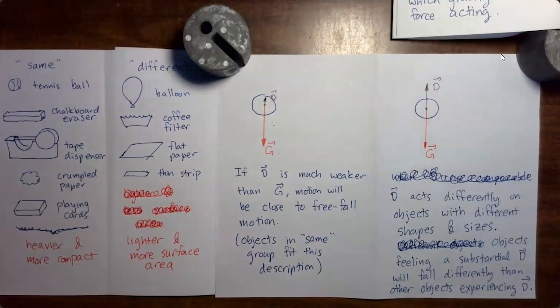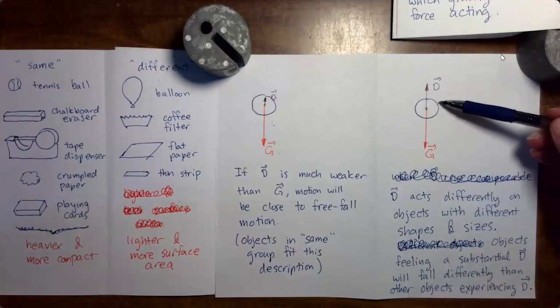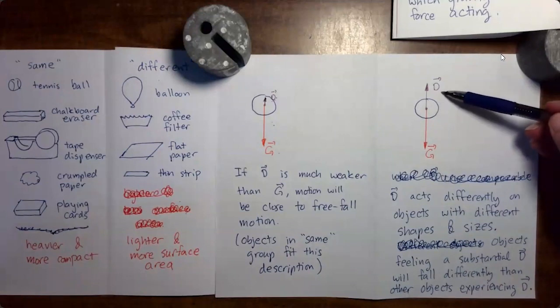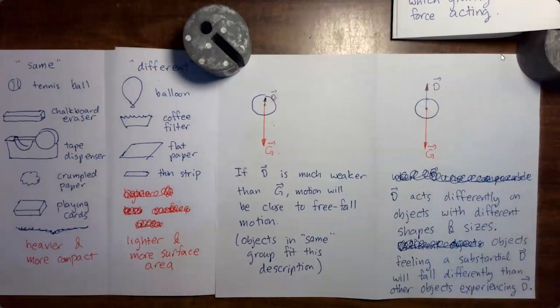Okay, so to sum up, the drag force will act differently on objects with different shapes and sizes. Once you get to objects which are feeling drag forces which are substantially big in comparison to the gravitational force, those objects are going to fall differently from other objects experiencing substantial drag forces, and they will fall differently than free-falling objects or objects which are close to free-falling.